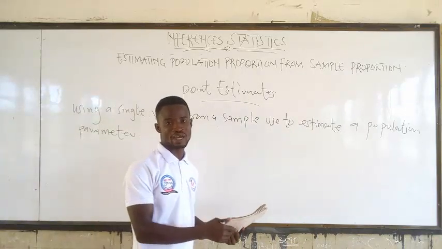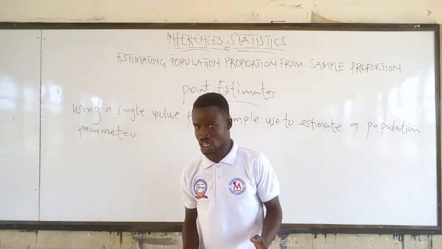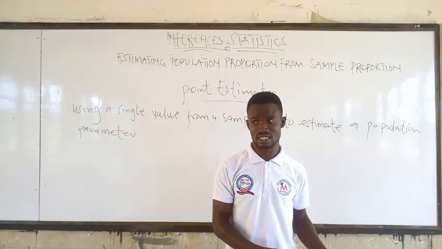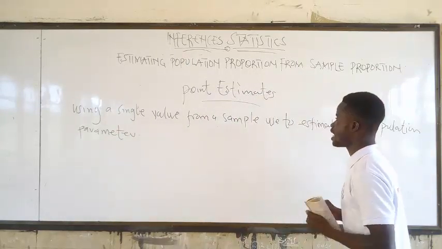Yeah, it should come from a sample. We can't consider the whole population. If you do that, it will be something tedious for you. You can't do that in probability. So it must come from what?